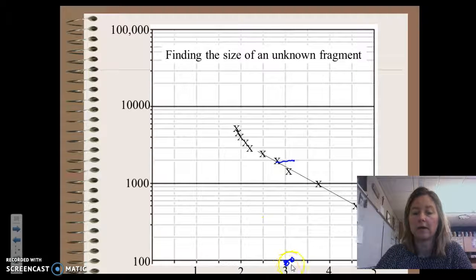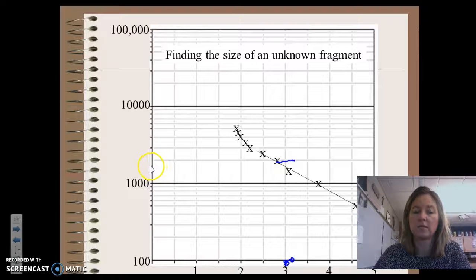If I know that a fragment on my gel from another digest traveled 3 centimeters, what I will do is go up to where this line intersects our line of best fit, and then I can go over to my y-axis.